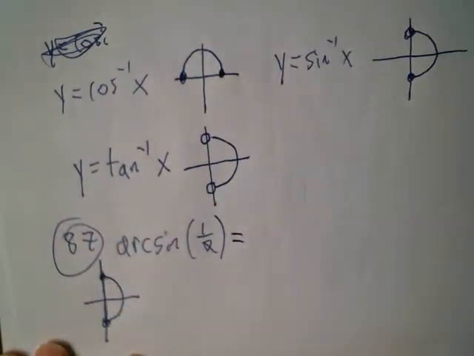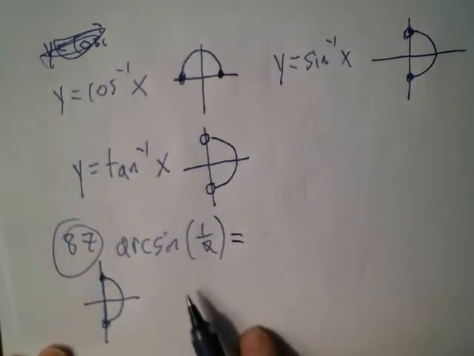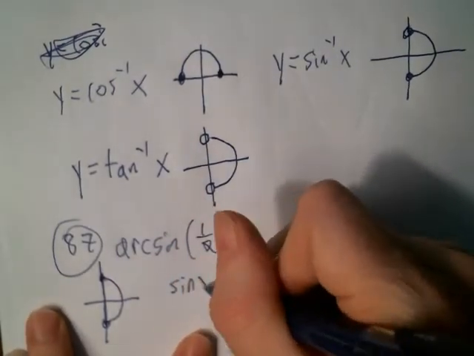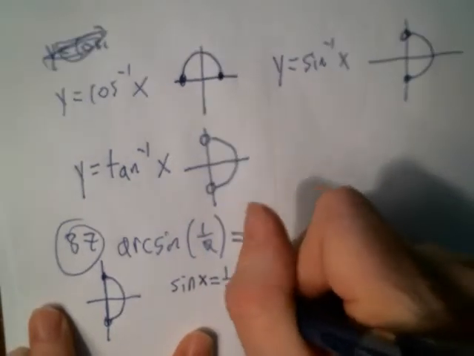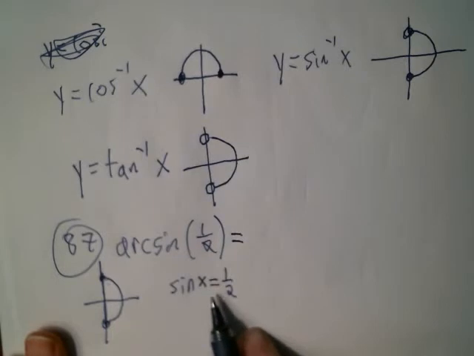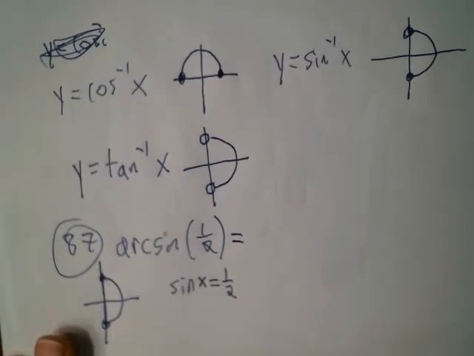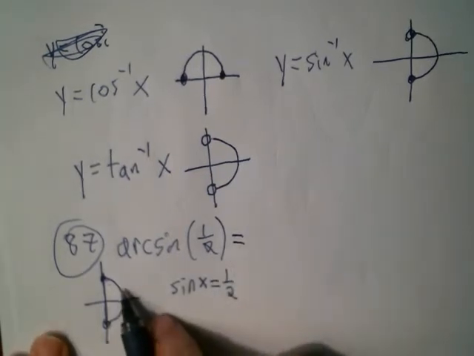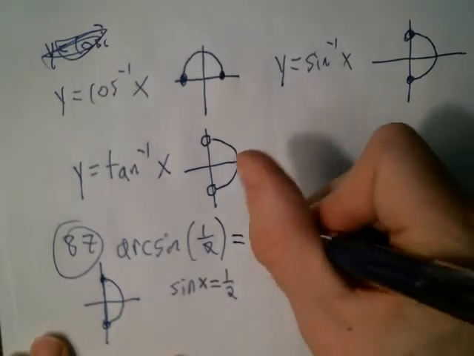It's from negative pi over 2 to pi over 2, and you're asking yourself the sine of what angle equals 1/2 in that range. So really this is asking for x in this equation. So you have to remind yourself, okay, that's pi over 6. The reference angle, it's positive, so pi over 6 is about right here, and that'll be our answer.